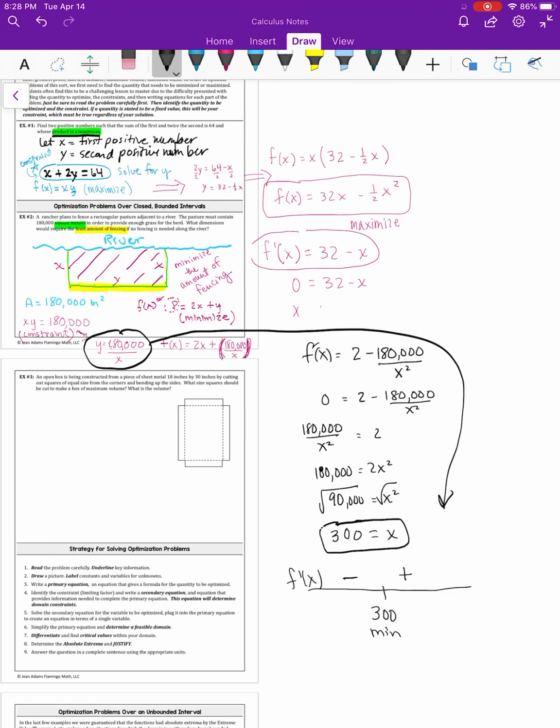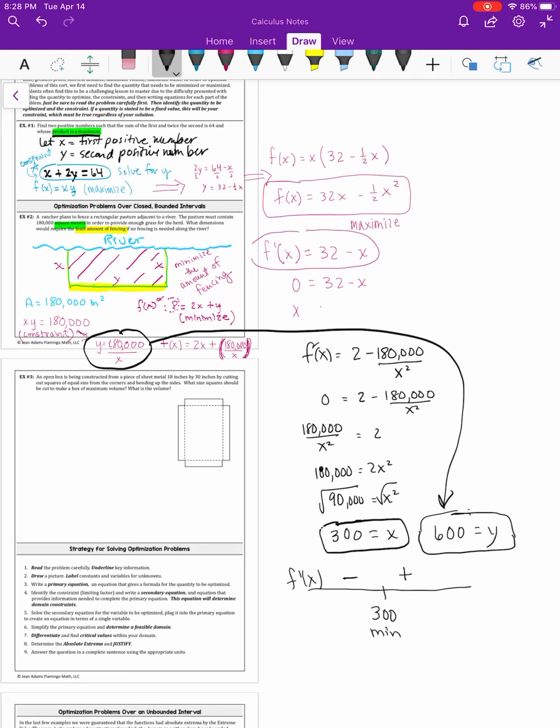Now you need to go back to your constraint and see what happens when you put your answer for x in. If I put in 180,000 divided by 300, that gives me a y value of 600.